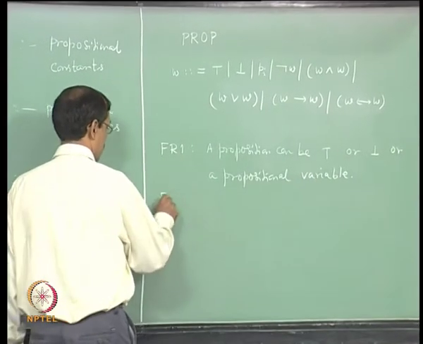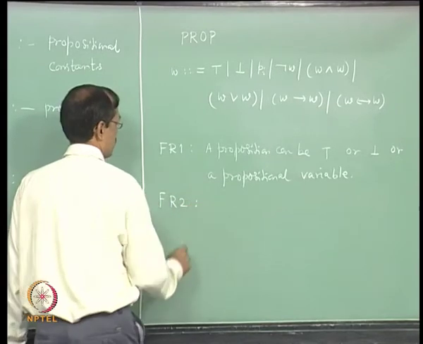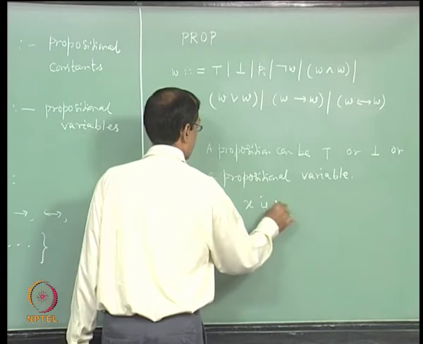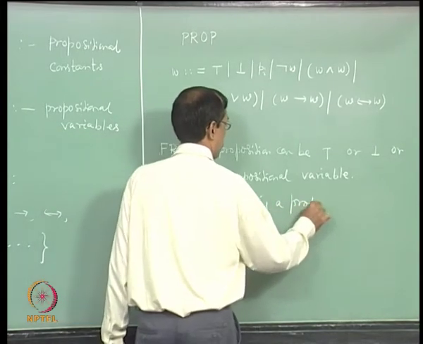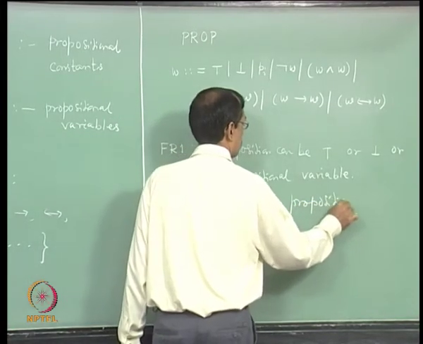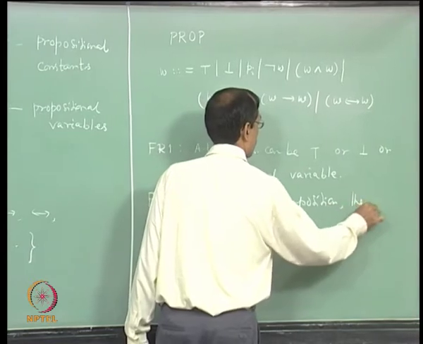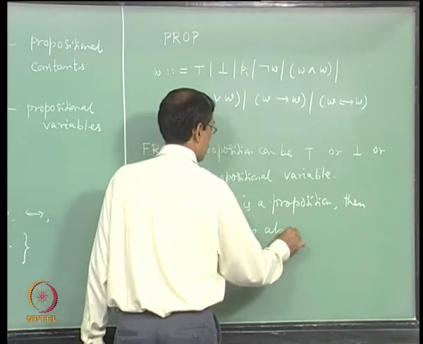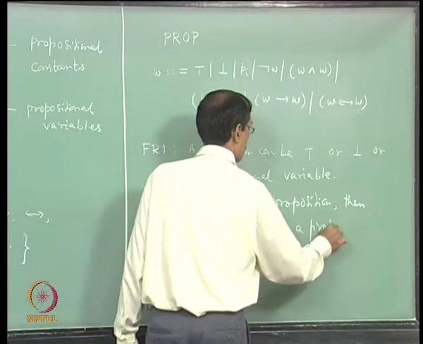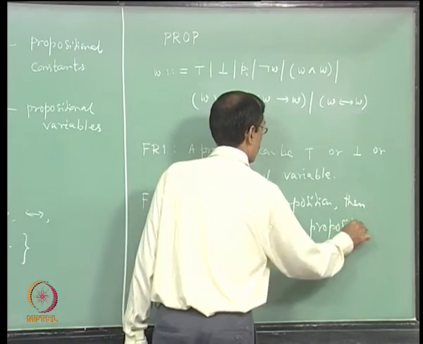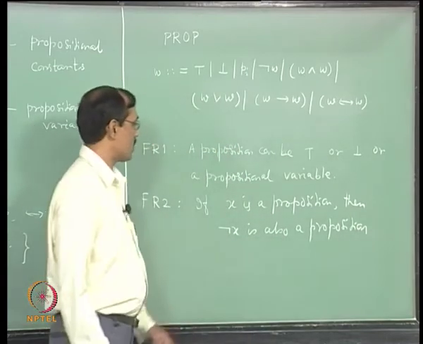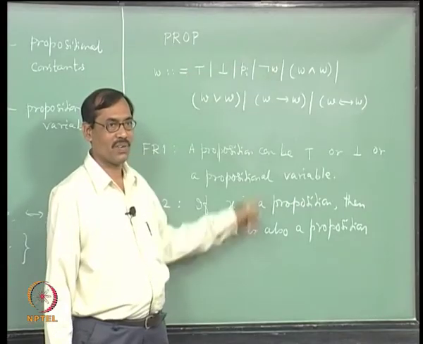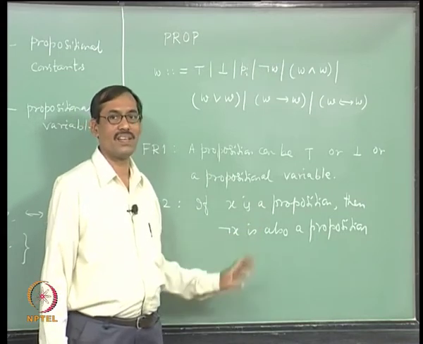Next we have to take care of the connectives. If X is a proposition, then not X is also a proposition. Now you can see its translation in the grammar, W can be not W, that is how we have to write it in English.